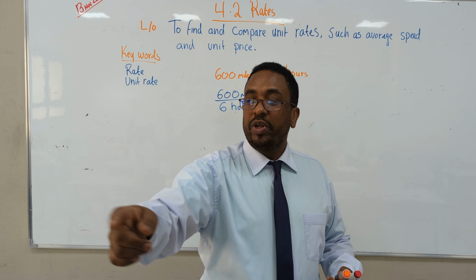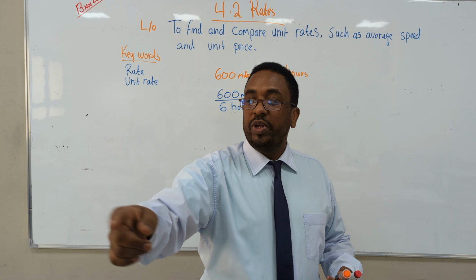What is 600 divided by 6? 100. So on top we have 100 miles. And what is 6 divided by 6? 1, which is what we have been trying to get, because we need to make the denominator 1. So now we can find our answer.